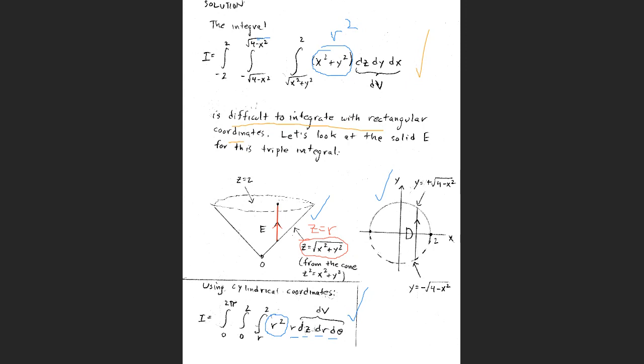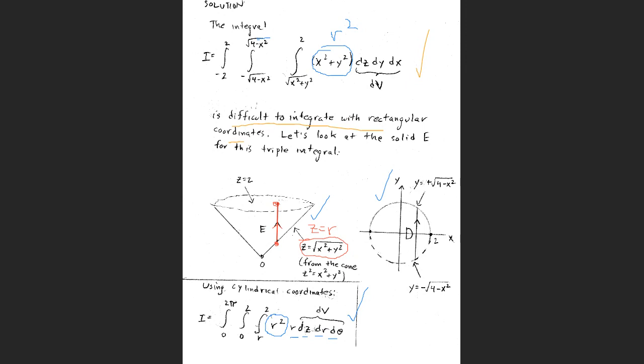So it's going from a surface below to a surface above. What's the surface below? z equals r, the cone, right?